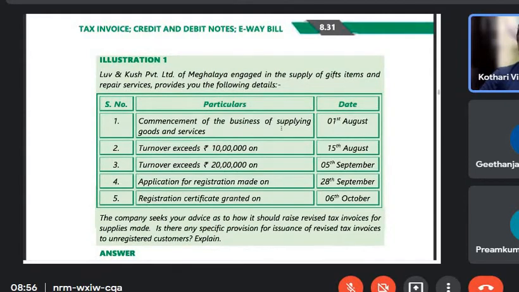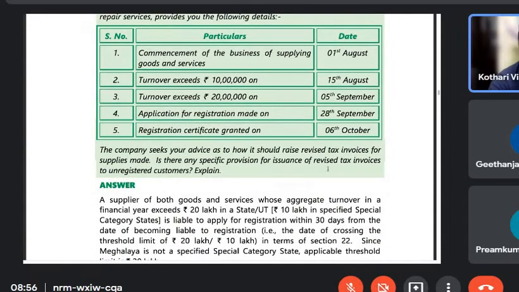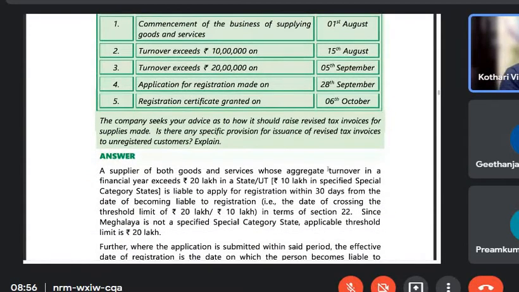Customer, please explain. Now, Love and Kush Private Limited, where are they from? They are from Meghalaya. What is Meghalaya? Meghalaya is a special category state. So now the turnover has exceeded 10 lakhs and 20 lakhs on 5th September. So for Meghalaya, what is the turnover limit?